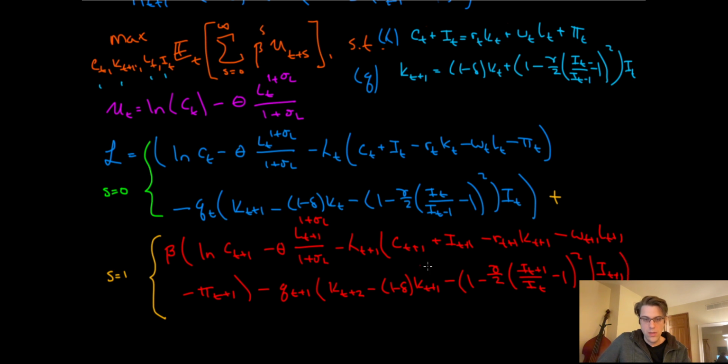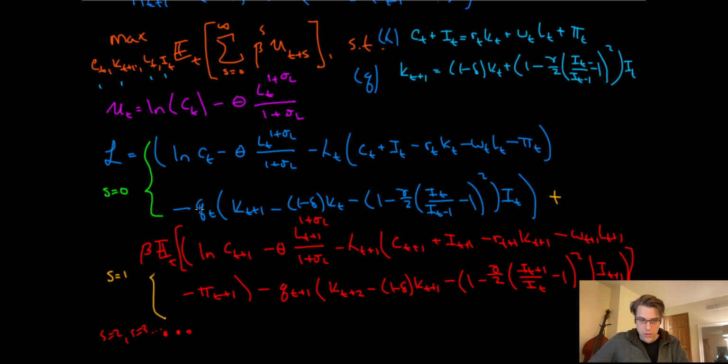Okay. And just to be very, very precise, I will also remind us that this is all expectation. So we're going to have beta times the expectation at t, and that all goes in an expectation sign. And then in principle, we have dot, dot, dot, because we're also going to have s equals 2, s equals 3, and so on.